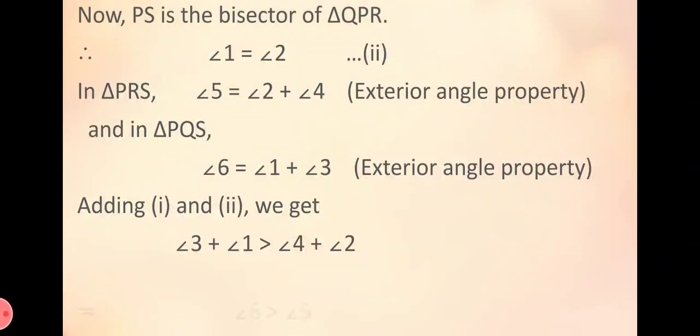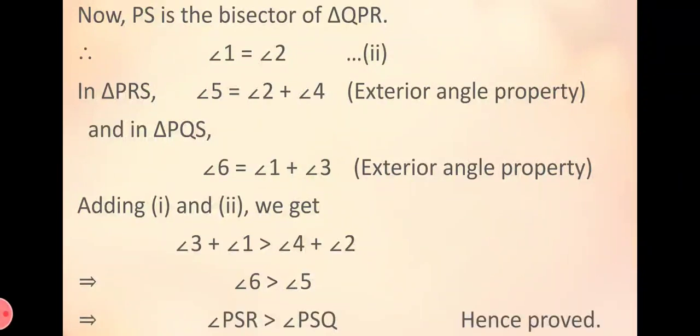So in place of angle 3 plus angle 1, we write angle 6, which is greater than angle 5. Now angle 6 is angle PSR, and angle 5 is angle PSQ. So we write angle PSR is greater than angle PSQ.